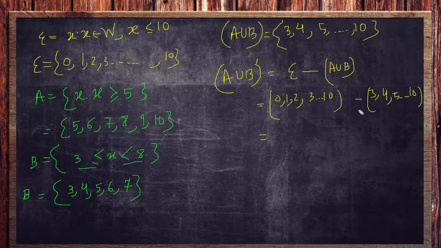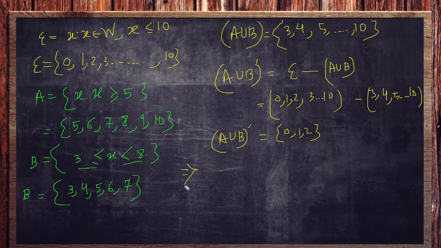Alright, so as we got all the data over here, right now we have to subtract, and remember, as epsilon is in the front, you are subtracting from epsilon, so whatever remains will remain from the first one. So what's going to remain first of all? That is 0, 1 and 2 are going to remain, because the rest of them are going to be cancelled by the A union B form. So 0, 1 and 2 will be the value of A union B whole dash.